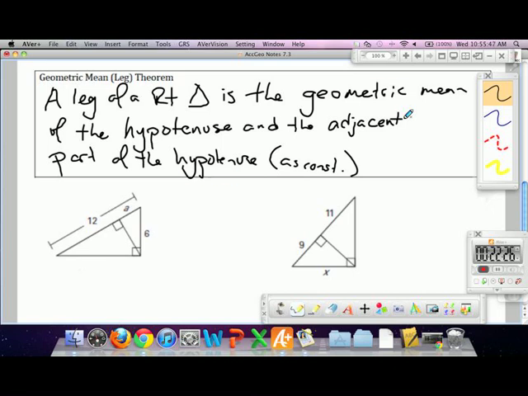So as we drew the altitude from the right angle to the opposite side. As a formula, we say part to leg is leg to hypotenuse. That's what this theorem boils down to as a formula.